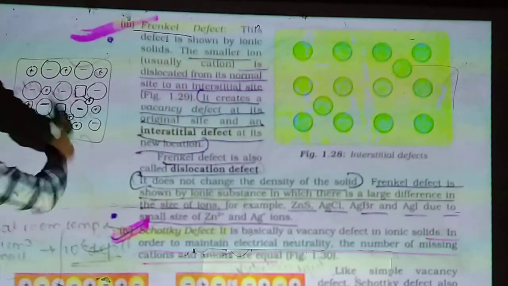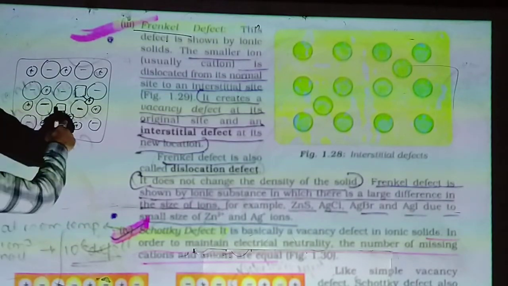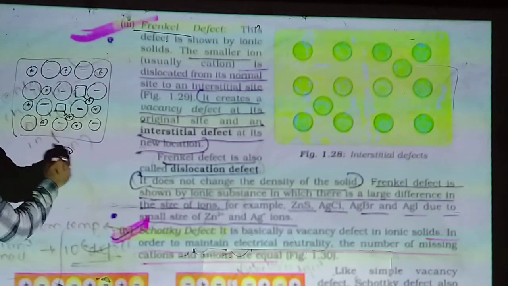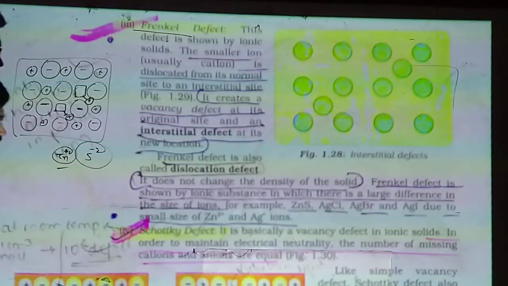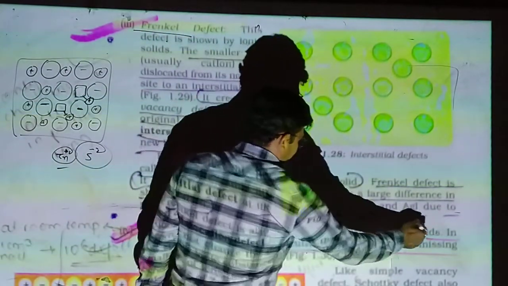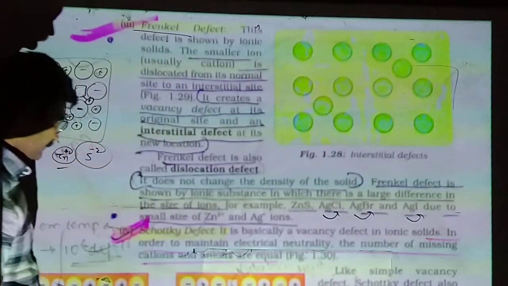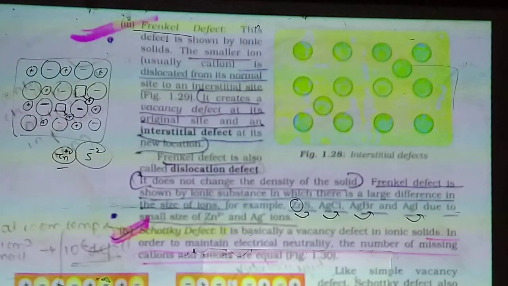This defect is stoichiometric, and it occurs only in ionic compounds, when the positive ion is too small in comparison with the negative ion. Like zinc and silver, in comparison with chloride, bromide, iodide, and sulfide, are too small.